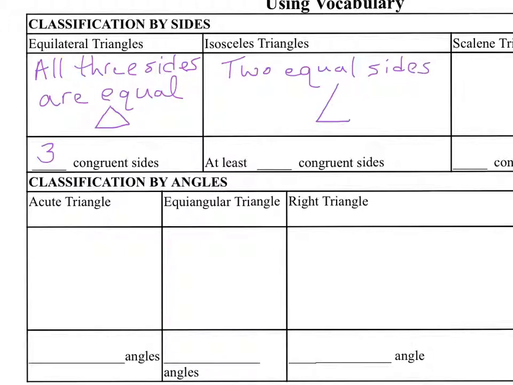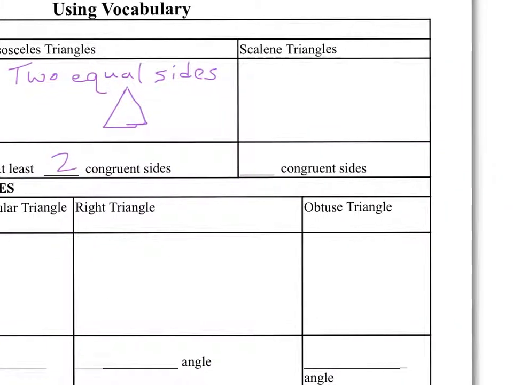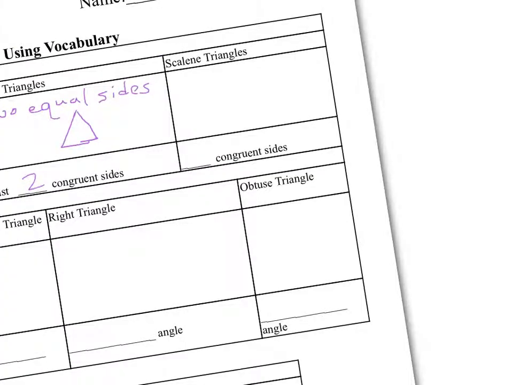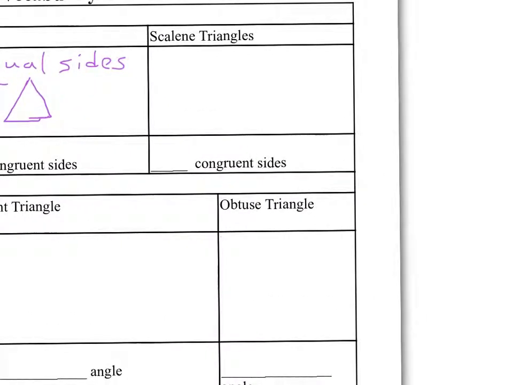Looks something like this. At least 2 congruent sides. Scalene triangles, no sides are equal. 0 congruent sides.